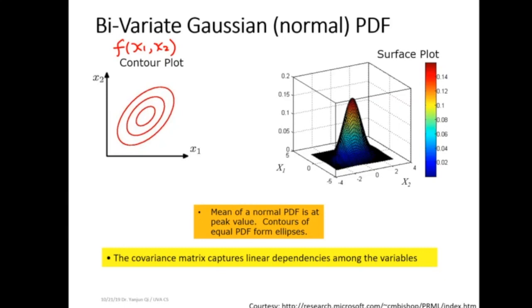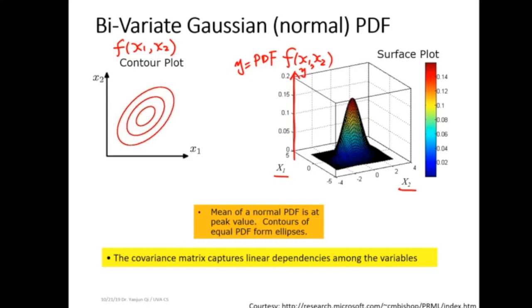In the surface plot, the two horizontal axes are x1 and x2, and the vertical axis y is the probability density function. It shows there's a peak position close to the mean.